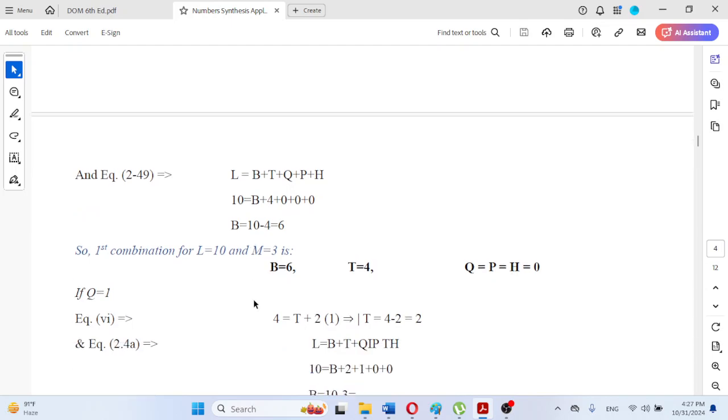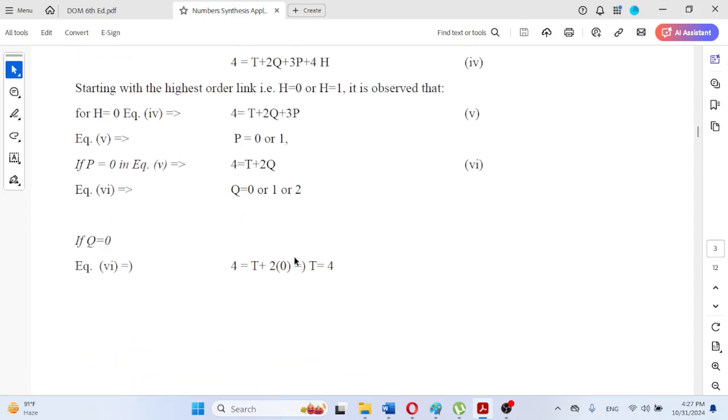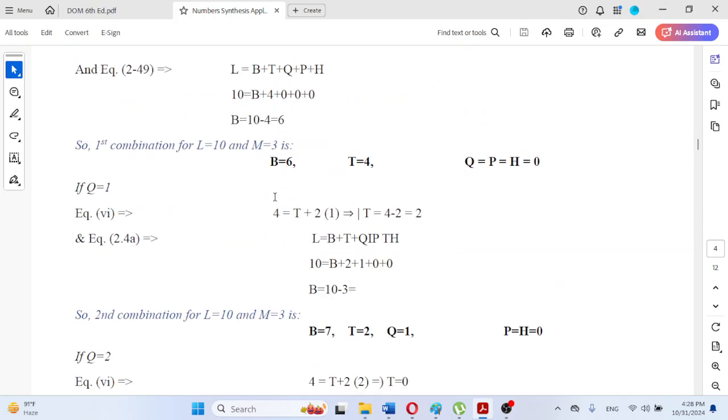So now we will be using the next value in this equation. Q is equal to 0 has been used, so Q is equal to 1. So we will be starting from this lower equation to proceed to the parent or previous equation. So we will be inputting Q is equal to 1 in the same equation.